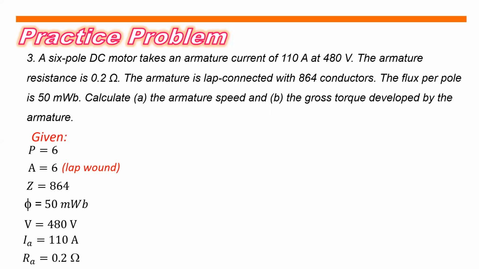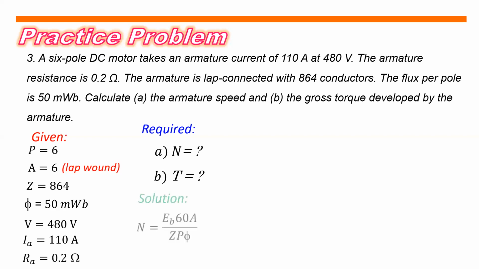So A is equal to P, which is equal to 6. The number of conductors is equal to 864, and the flux per pole is 50 milliweber. The supply voltage is 480 volts. The armature current is 110 amperes, and the armature resistance is equal to 0.2 ohms. We are asked to solve for A, the rotational speed of the armature, and B, the torque developed by the armature.